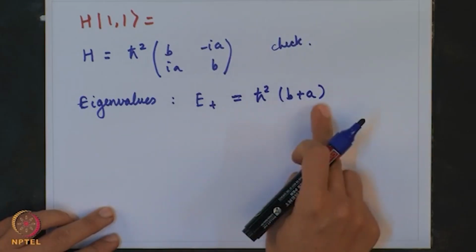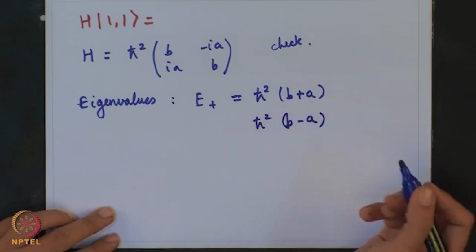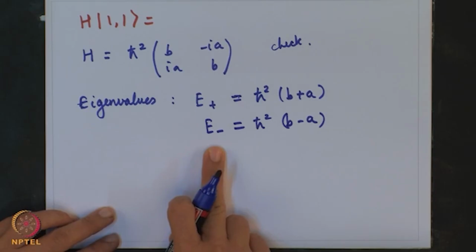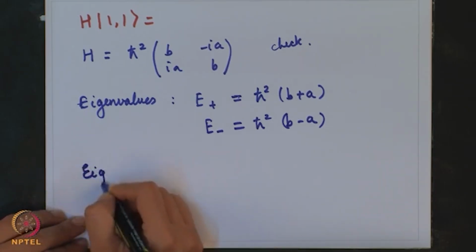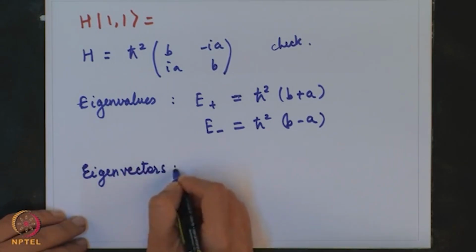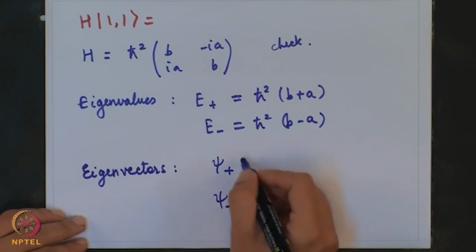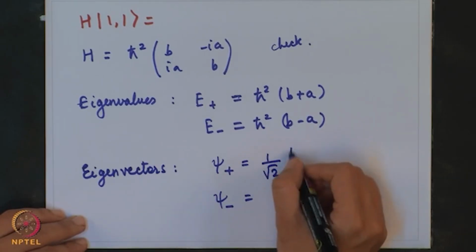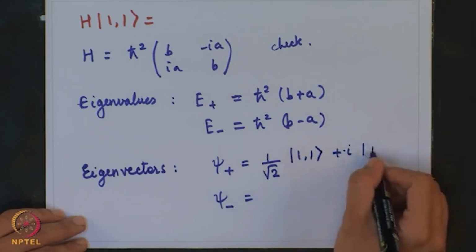So, this is one eigenvalue and the other eigenvalue is H cross square (B minus A). I call this E plus and this one E minus, and the corresponding eigenvectors or eigenkets, I call one of them psi plus, the other psi minus. You can check by yourself that one can obtain this result.